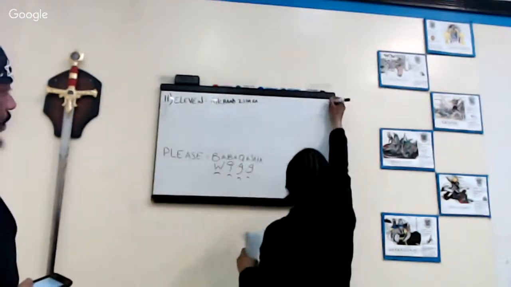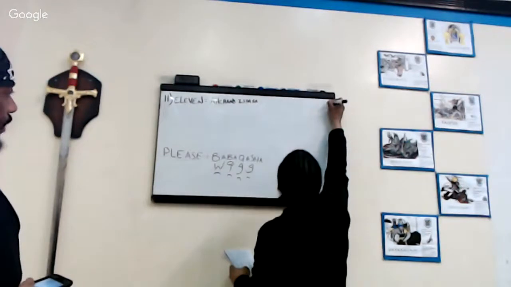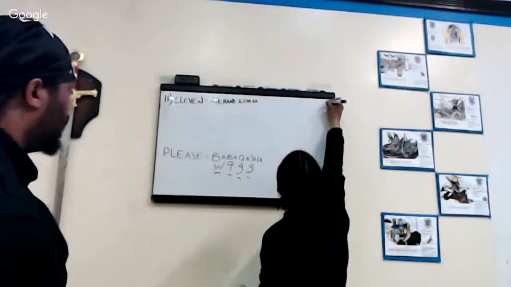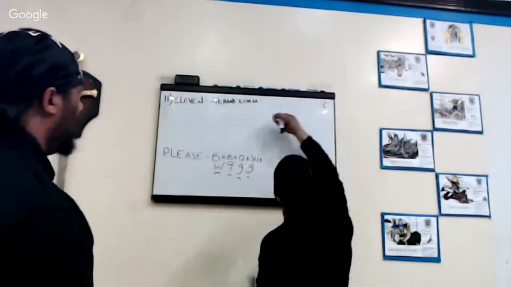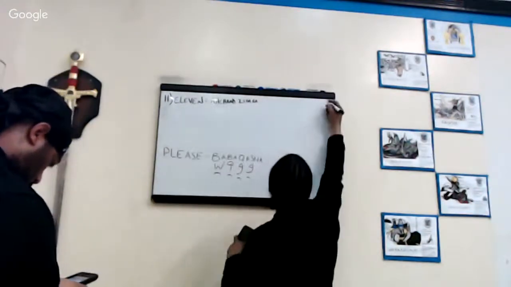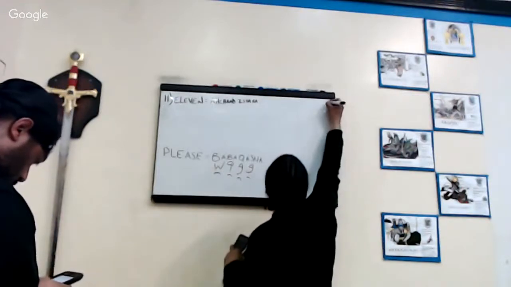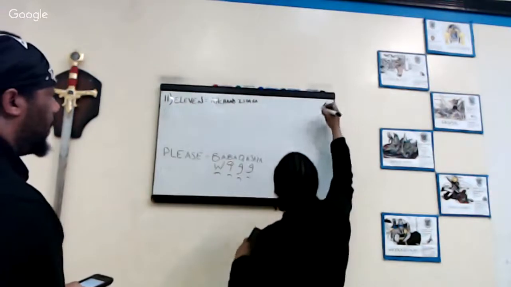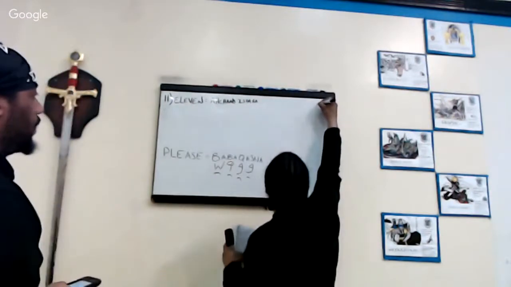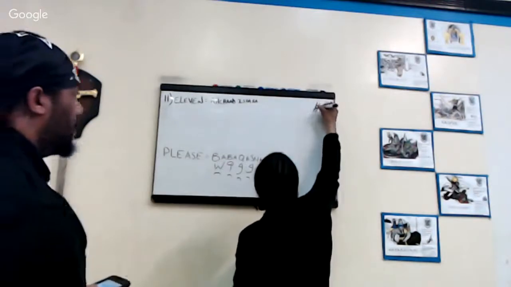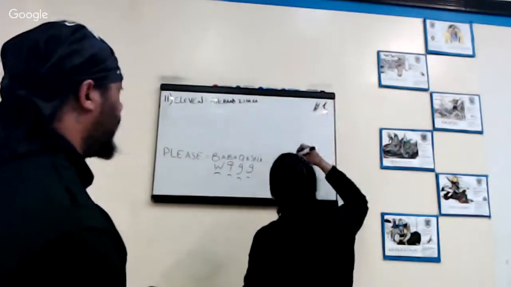What character are you writing first before you start? The R. Right. Write the connectors afterward.